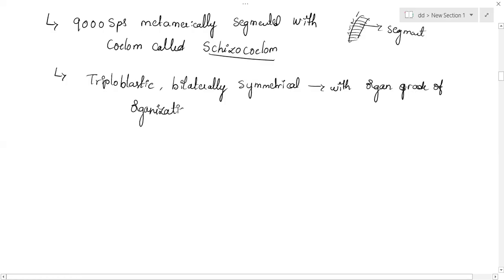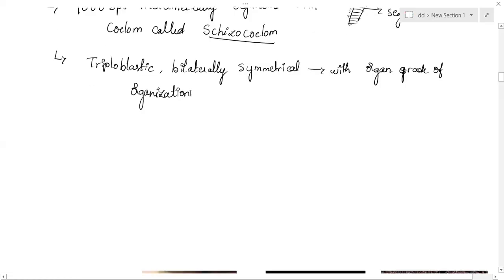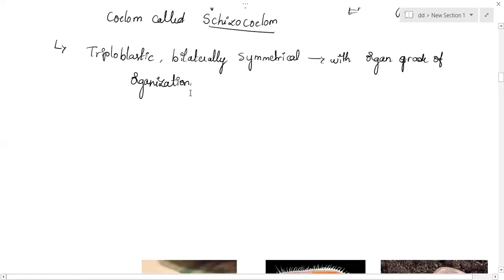They are triploblastic, bilaterally symmetrical, with the organ grade of organization.